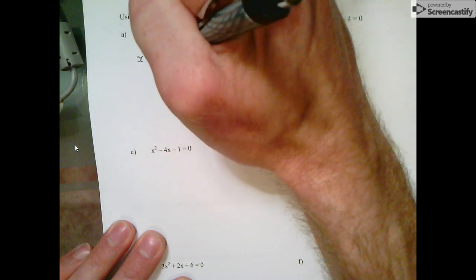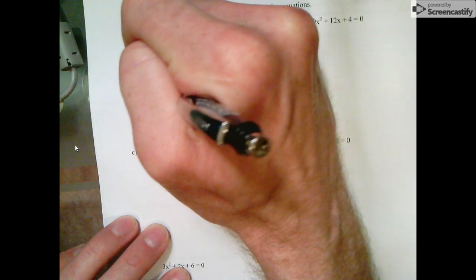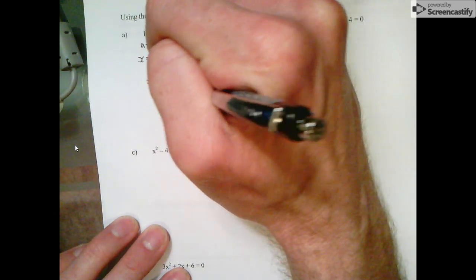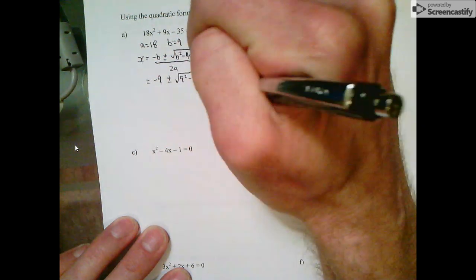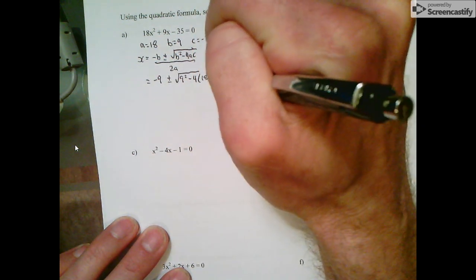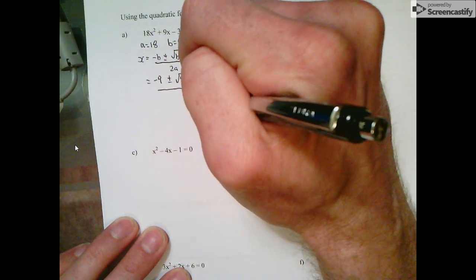The quadratic formula is negative b plus or minus the square root of b squared minus 4ac all over 2a. And so plugging this all in, I get negative 9 plus or minus the square root of 9 squared minus 4 times 18 times negative 35 all over 2 times 18.